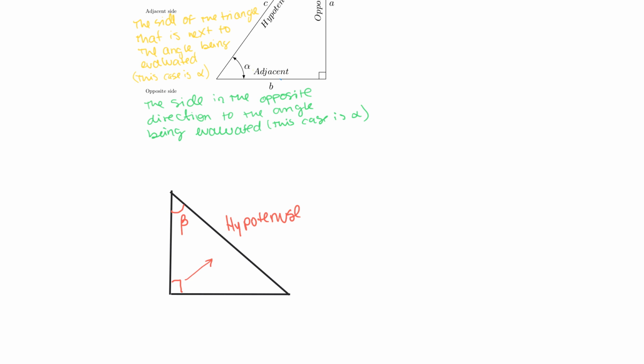The adjacent side will be the side that touches the angle that we are evaluating. The angle that we are evaluating is this one. Okay, so the adjacent side is the side that touches this angle, will be this one right here. And the opposite side will be the side that this angle is facing, which means the one opposite to it. So right here.